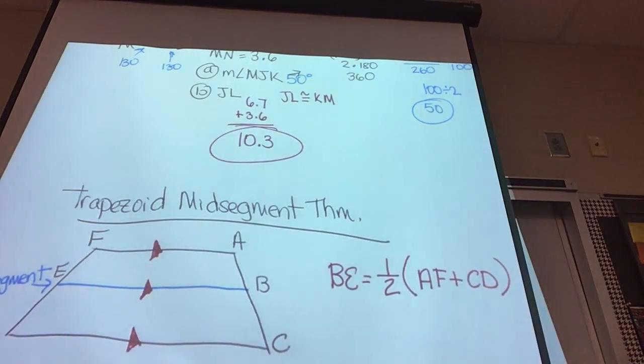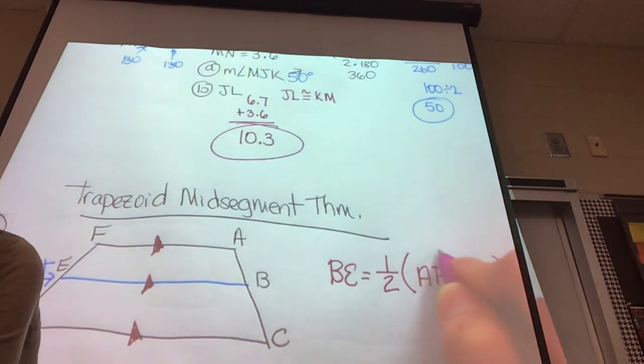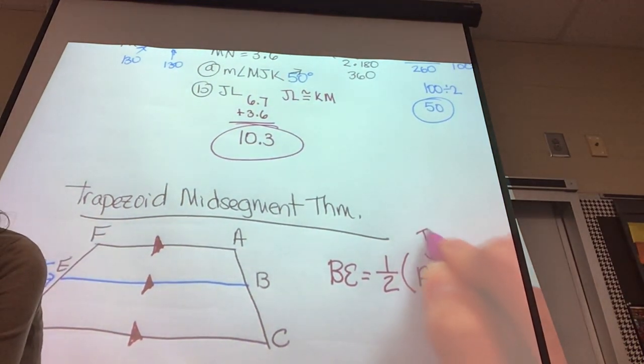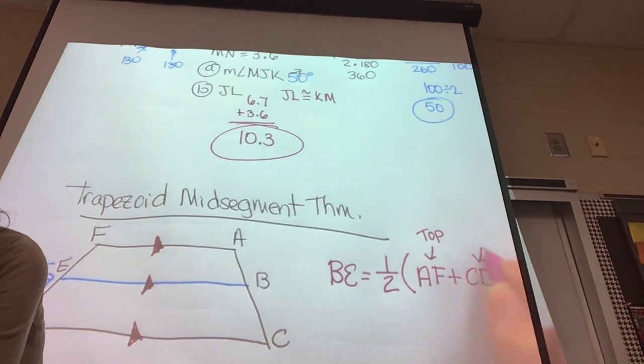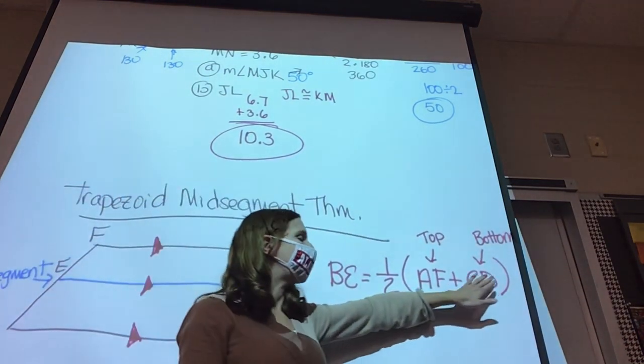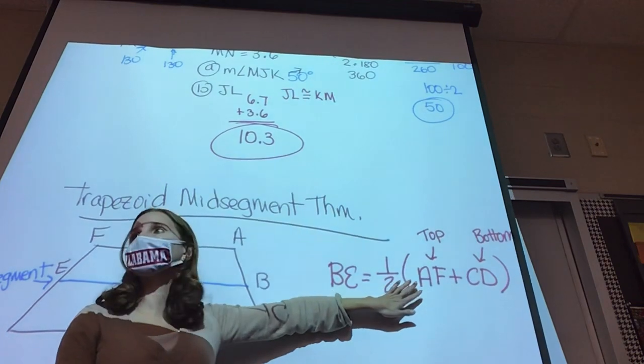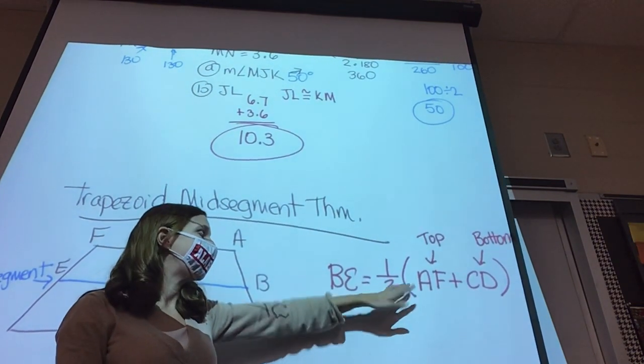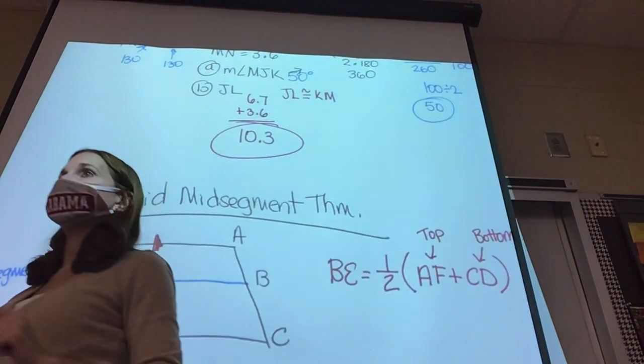So it would be your two bases. So what you would have to do is add your top, add the bottom, and divide it by 2. And that's going to tell you what your mid-segment is.